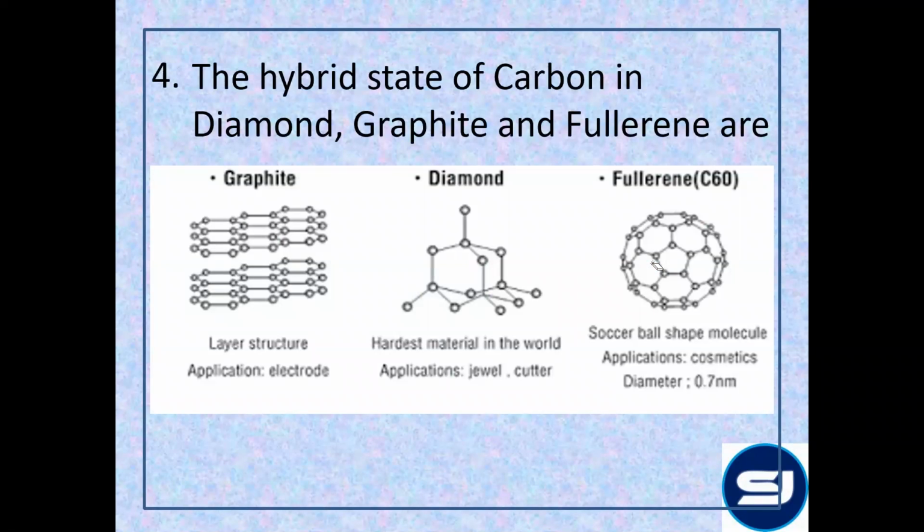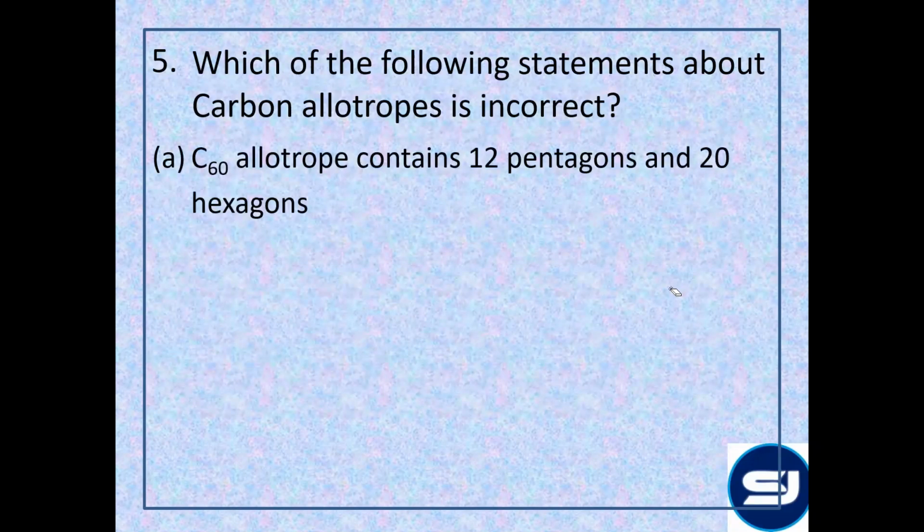This was the structure. This is the 5-membered ring, and next to it you can see the 6-membered rings. The fact was that Buckminster fullerene has 12 five-membered rings and 20 six-membered rings.